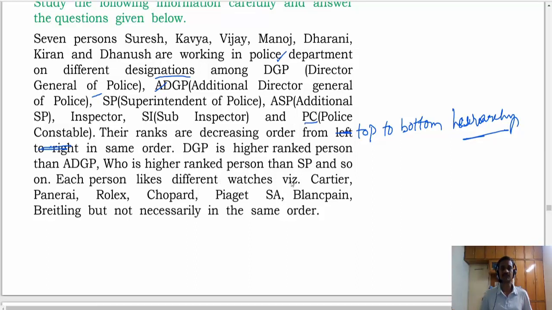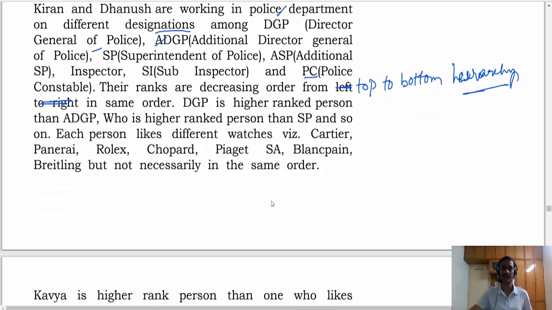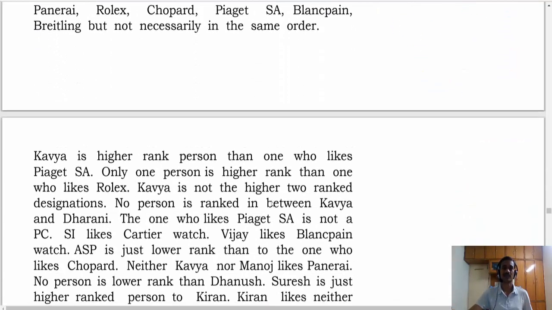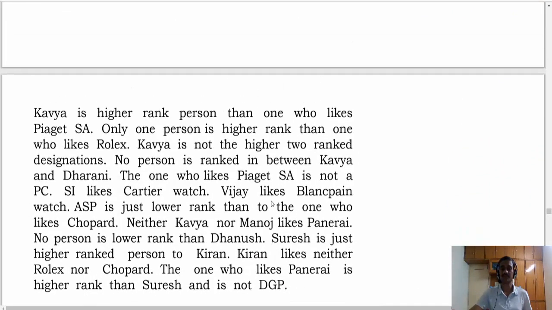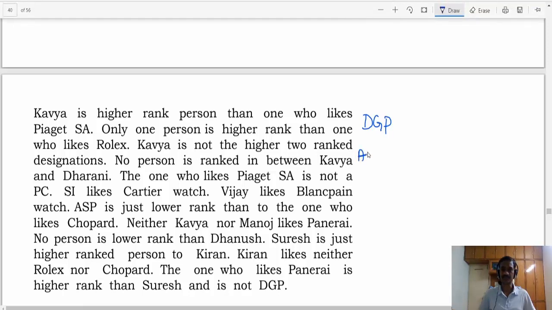Each person likes a different watch. 7 persons, 7 different watches. They like 7 different watches. Now what should we fix first? Since the designation is clearly given, fix the designations in the specific order. The first one, who is that person? DGP. The first one is DGP. After this DGP, the next one is ADGP, assistant DGP. Next to ADGP, who is the next one we have?